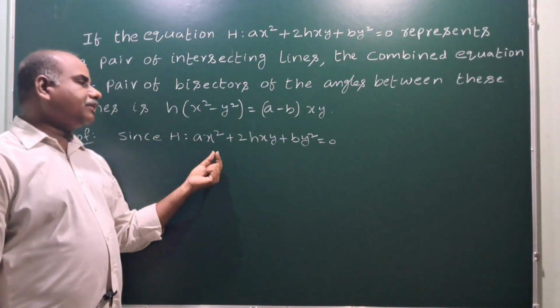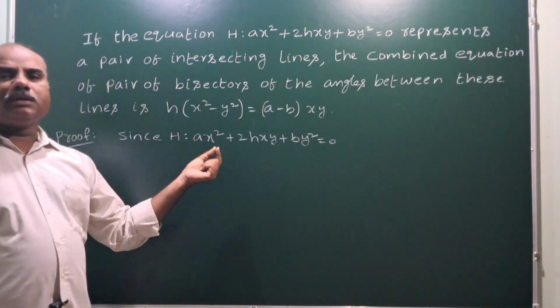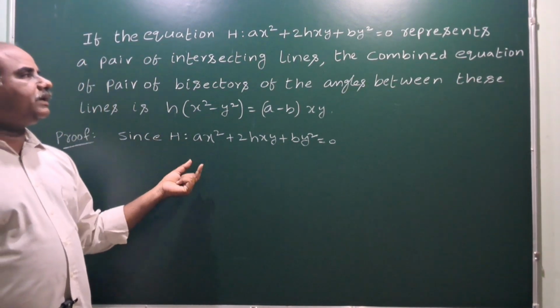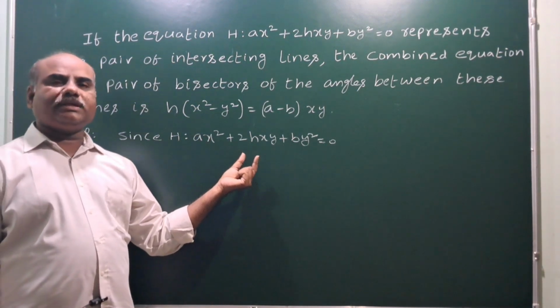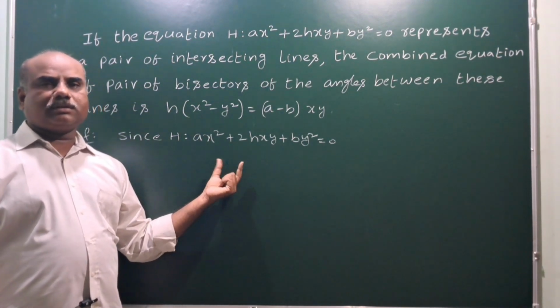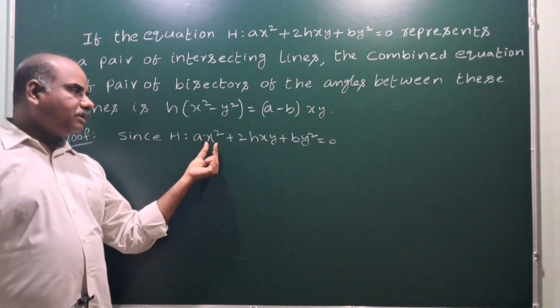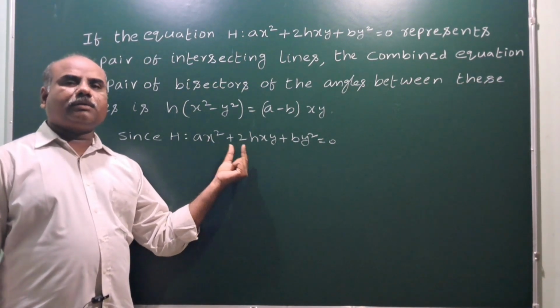So this equation represents a pair of intersecting lines that is given, and they are passing through origin. Since it is a homogeneous second degree equation, the equations represented by this are passing through origin.